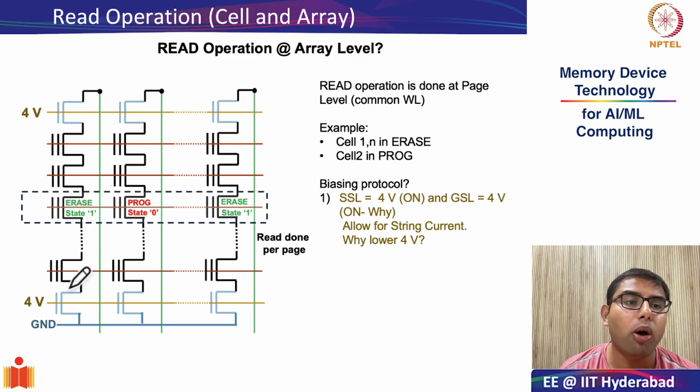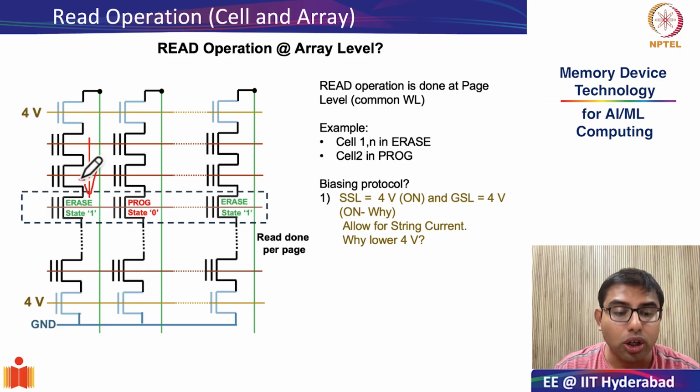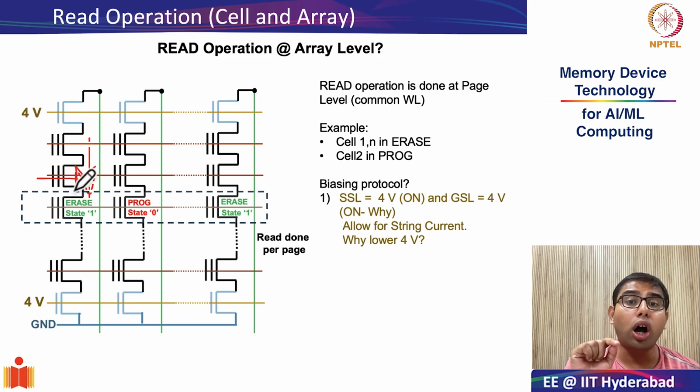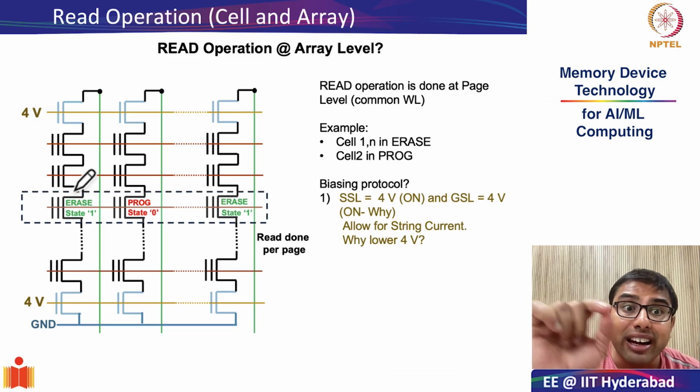Both at program operation and erase operation, you did not want any string current to flow. During program operation and erase operation, you would want only charge transport to happen in the direction from the control gate into the channel or the floating gate into the channel. But this is not what you want in case of read operation.